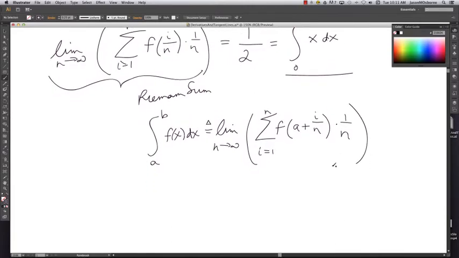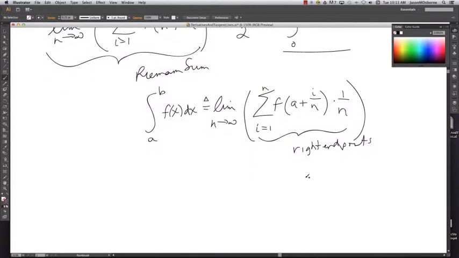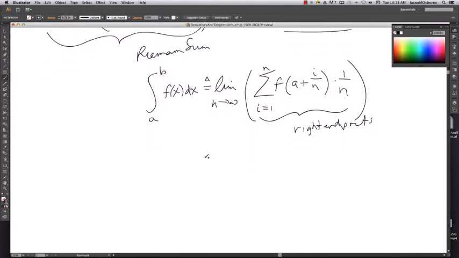So this particular formulation would be using right endpoints. How do I know that? I know that because if my interval was a to b, and you break this up into subintervals, what I mean by that is break them up into intervals of 1 over n.